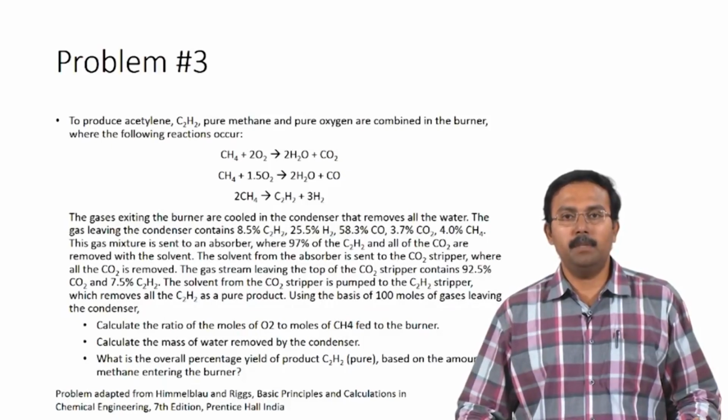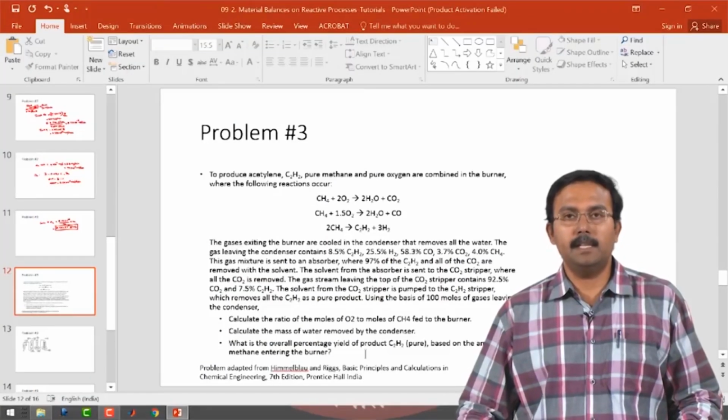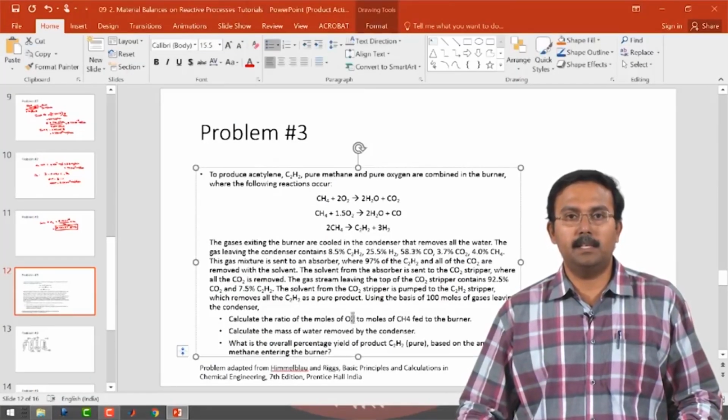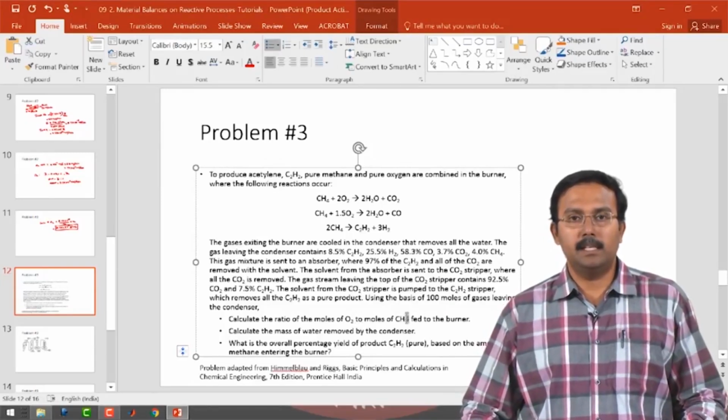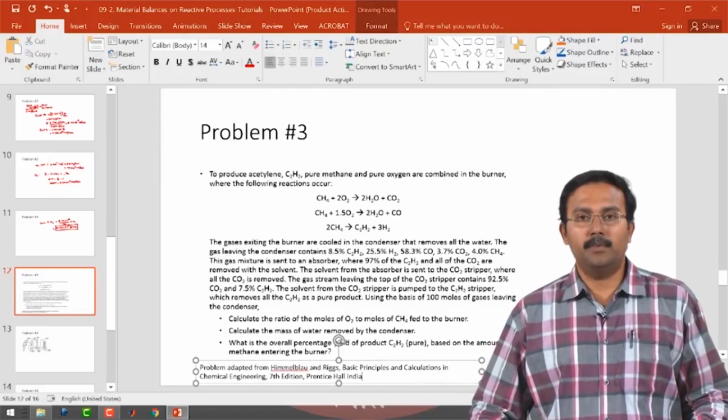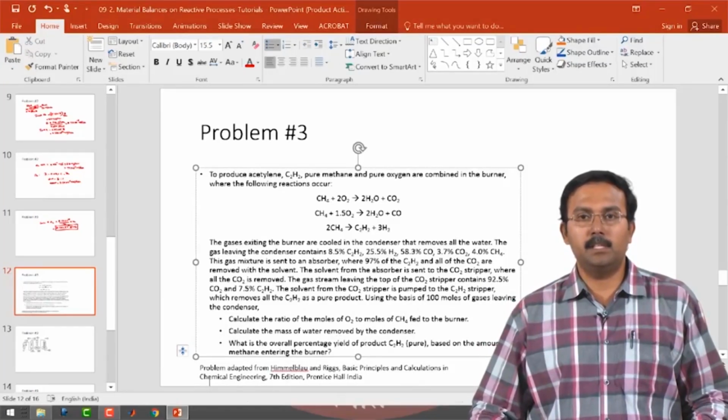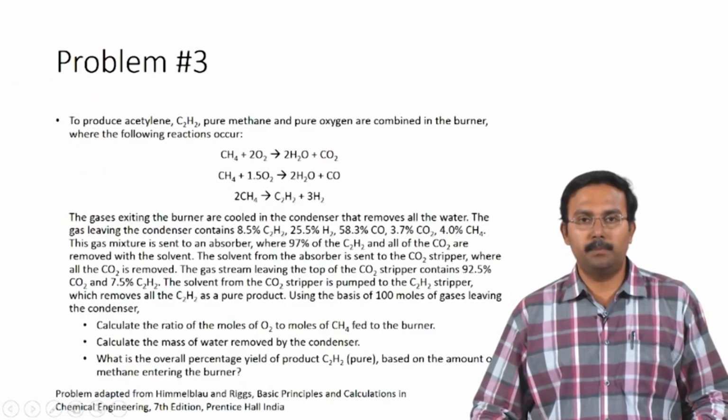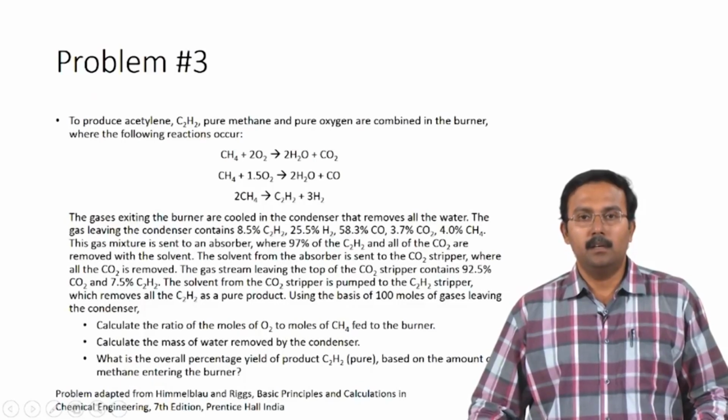The solvent from the absorber is sent to the CO2 stripper where all the CO2 is removed. The gas stream leaving the top of the CO2 stripper contains 92.5% carbon dioxide and 7.5% acetylene. The solvent from the carbon dioxide stripper is pumped to the C2H2 stripper where all of C2H2 is removed as pure product.